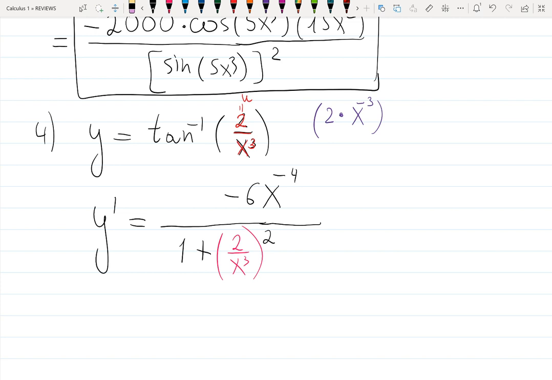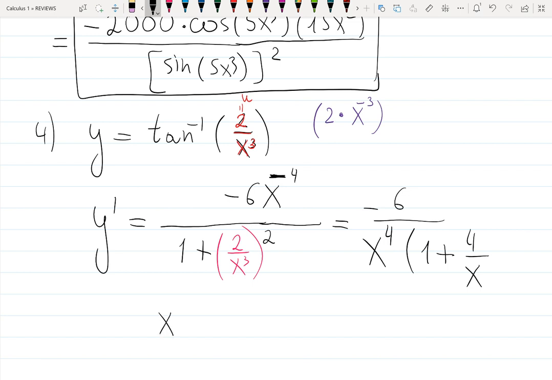If you want to simplify a little bit, you can say that this is negative 6, and the x to the 4 can go to the bottom because of the negative exponent, times 1 plus 2 squared is 4, x cubed squared is x to the 6.